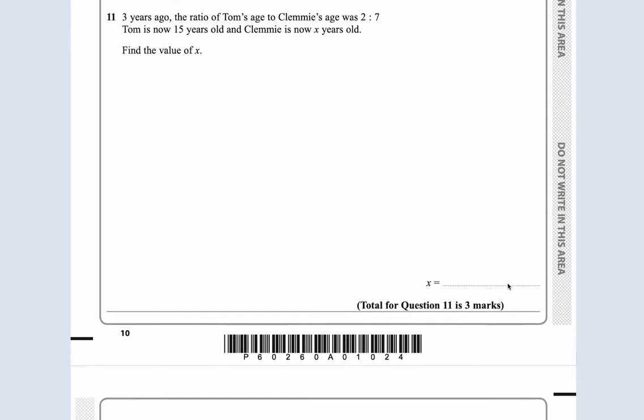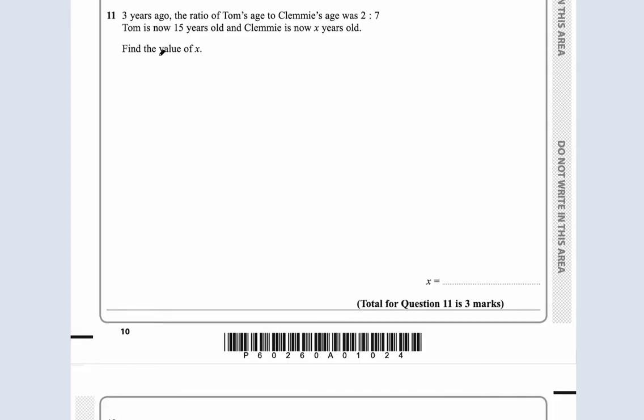Okay, question 11. Okay, 3 years ago, the ratio of Tom's age to Clemmie's age was 2 to 7. Tom is now 15 and Clemmie is now X. Find the value of X. Okay, so 3 years ago, Tom was 12, because 15 minus 3 is 12.